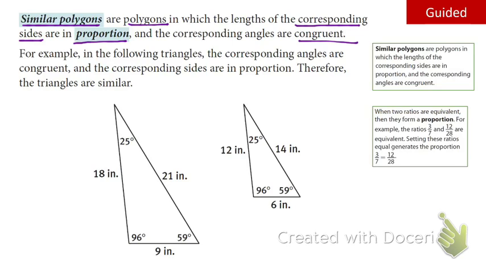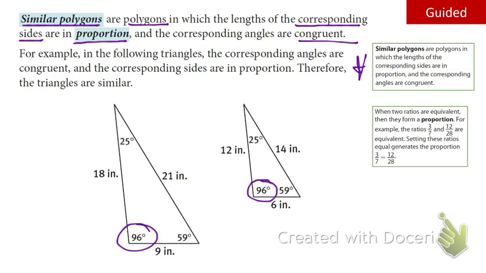It says, similar polygons in your notebook are polygons in which the length of the corresponding sides are in proportion and the corresponding angles are congruent. Well, let's think about that. If I look at this figure below, we can see that the corresponding angles are congruent.